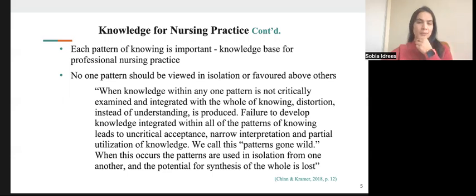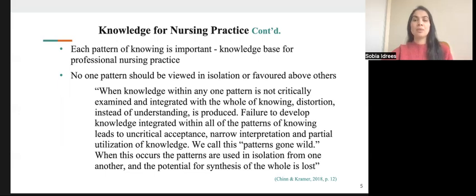If you read the quotation on the slide from Chinn and Kramer 2018, on page 12, and I'm paraphrasing it, if we do not examine knowledge even from one pattern as a whole, distortion in the knowledge will be produced.